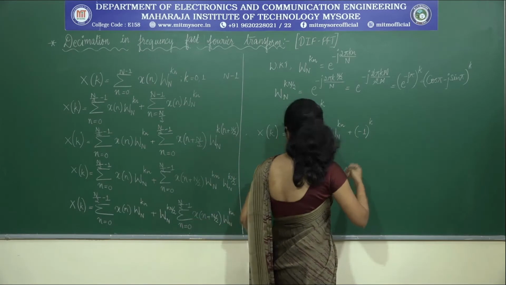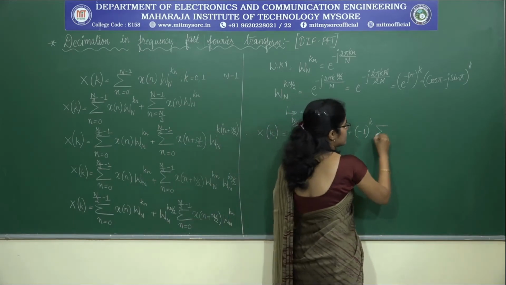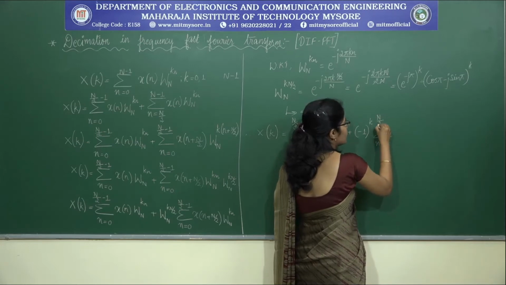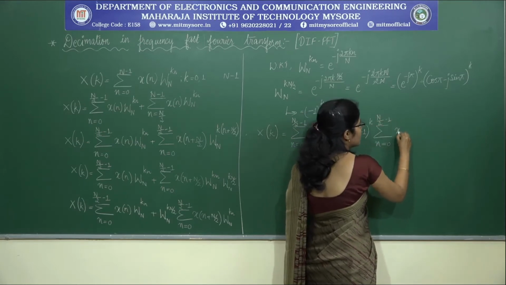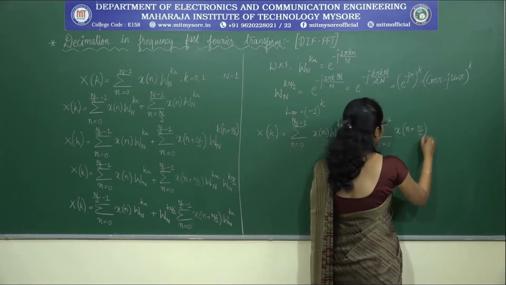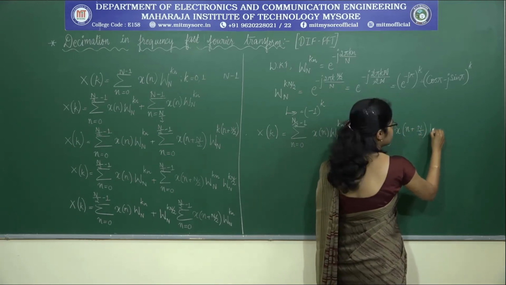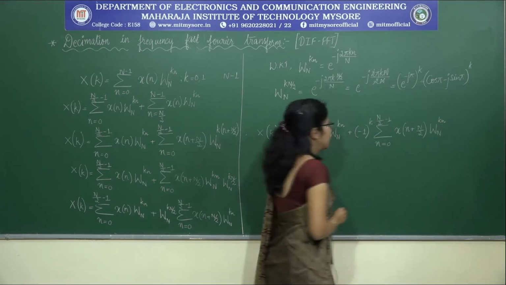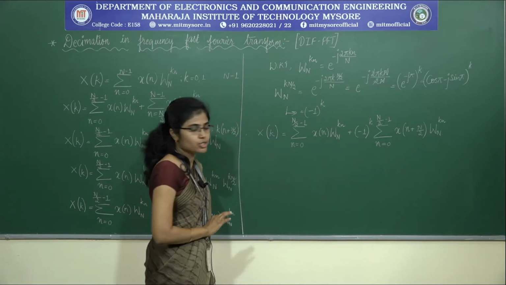So you get this. So the rest of the things I will rewrite as it is, that is summation n ranges from 0 to N by 2 minus 1 x of n plus N by 2 into omega N to the power of kn. So this was a simplification which I did.